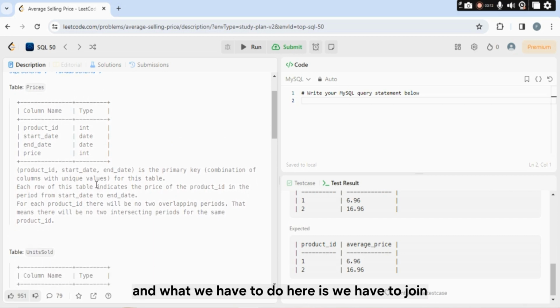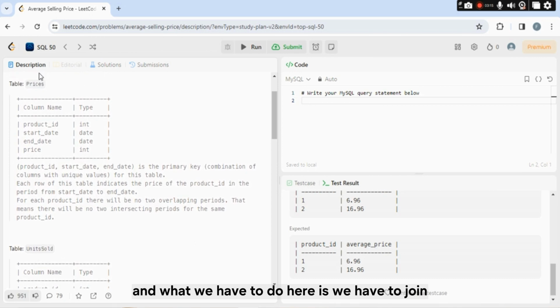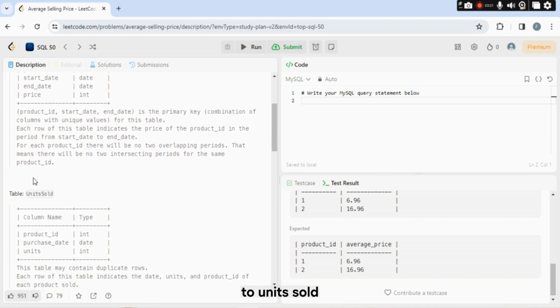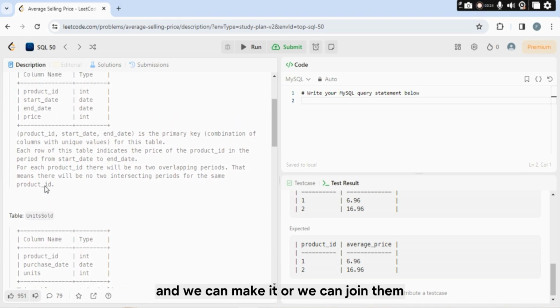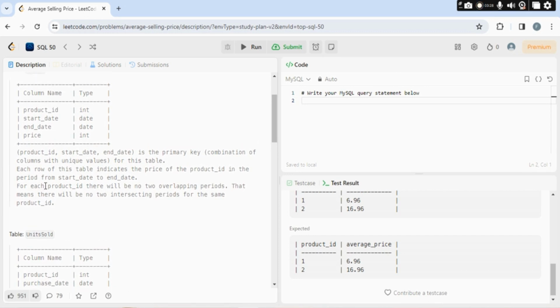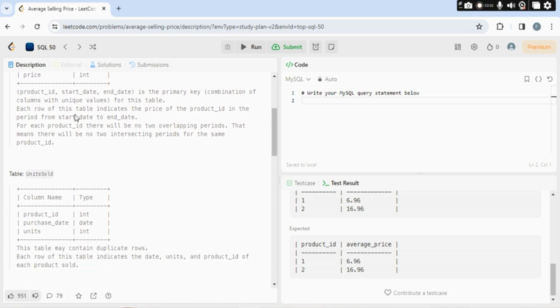What we have to do here is join the Prices table to UnitsSold, and we can join them with the product ID.